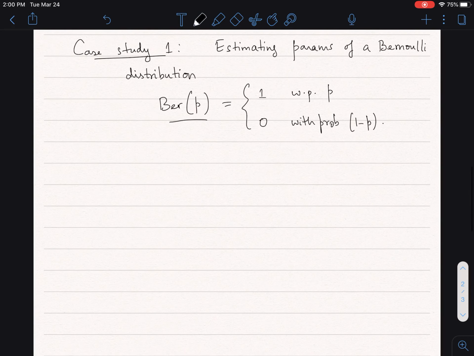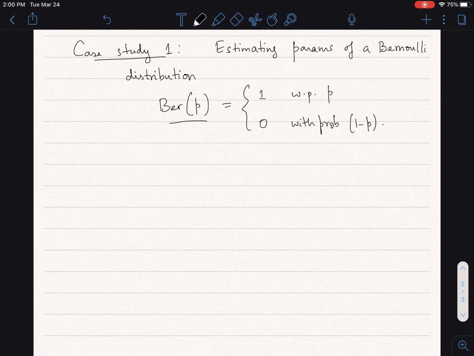Now what I'm saying is, suppose we are given n samples from this distribution. Okay, so I will call these x1, x2 to xn.